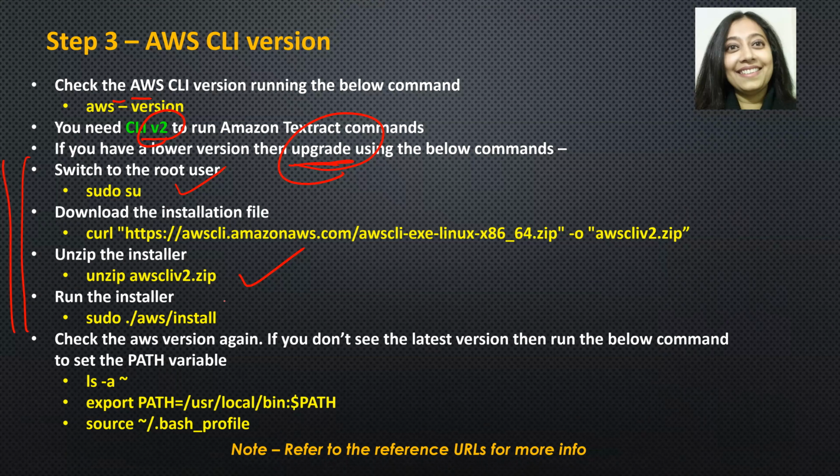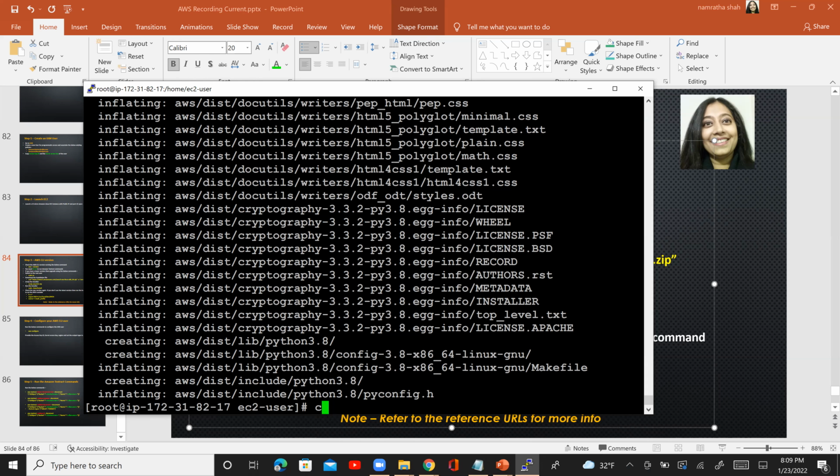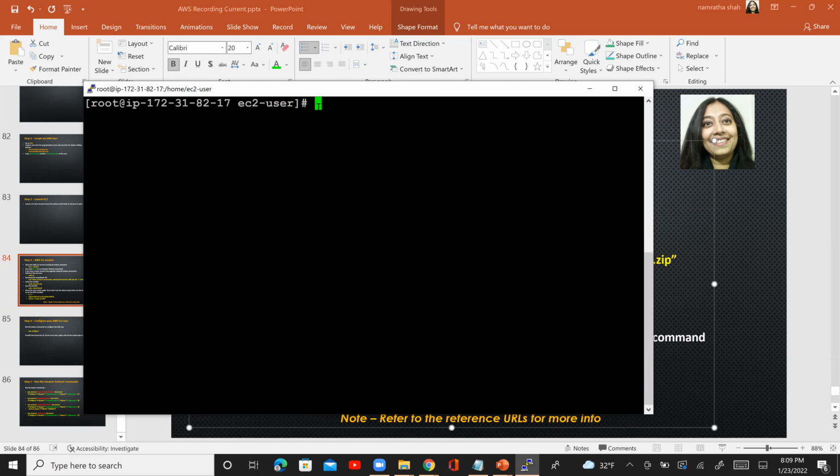And now we are going to run the installer. So let me just copy that. Copy. I'm going to clear the screen right here. Hit enter. And it's telling me that it has installed it.